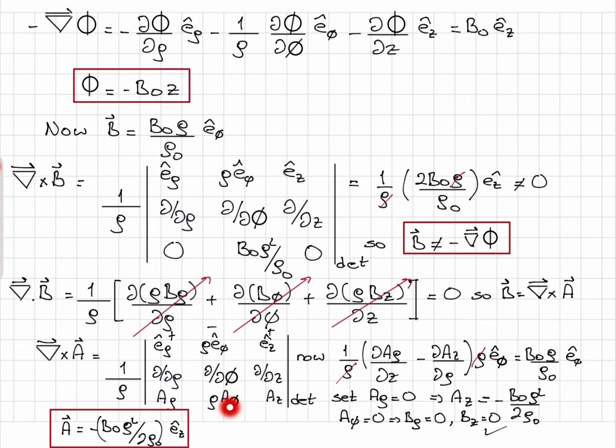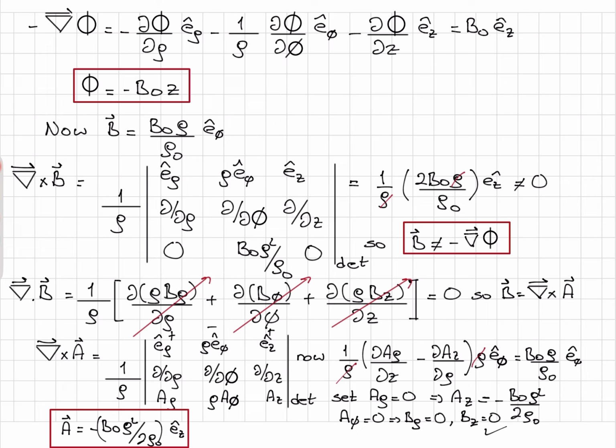Because I'm going to get del del rho of Az minus del del z of A rho with a minus sign, that they switch places. And this is the phi hat component, so I could choose A rho to be 0. In that case, Az turns out to be minus B0 integral of this rho squared over 2 rho 0. One of these rho's disappeared.